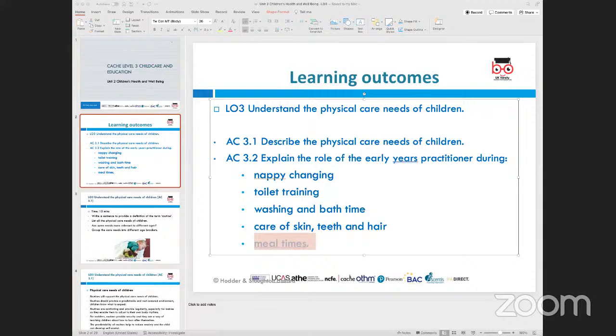Yes, thank you. Now, one of the other things that we will also look at is, if I was to ask a basic question, why do you think children would have needs which are related to their physical care?